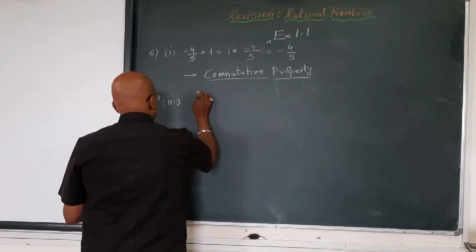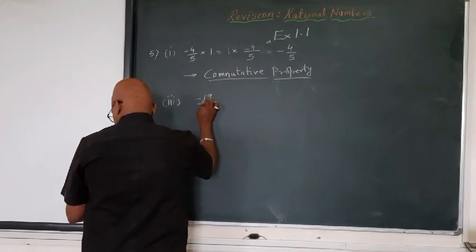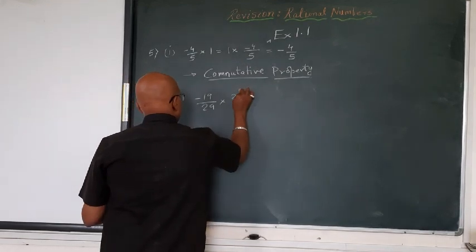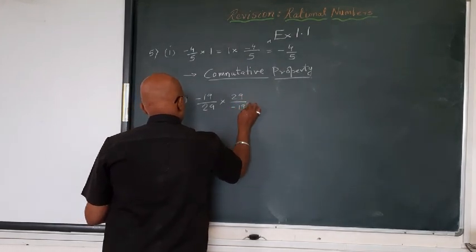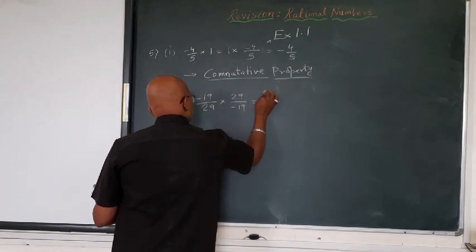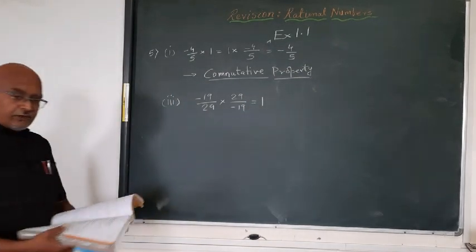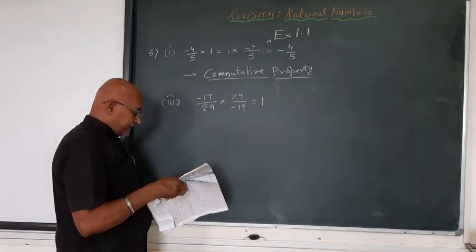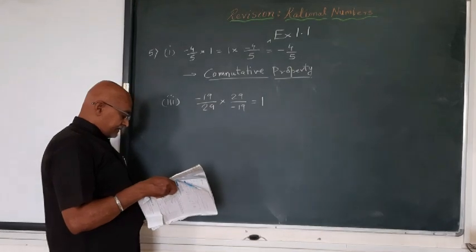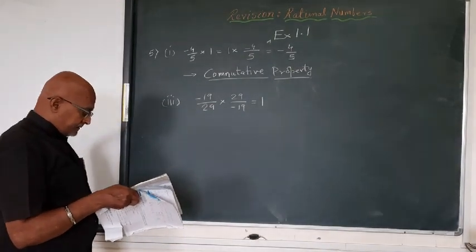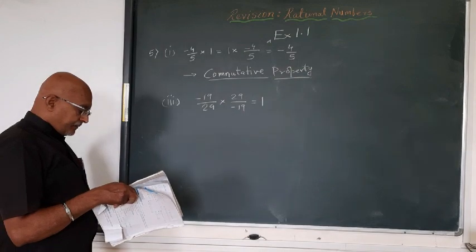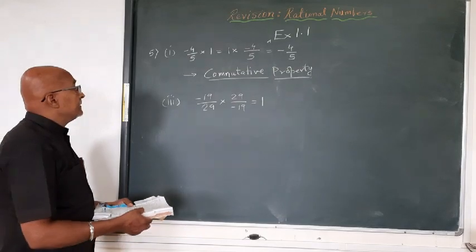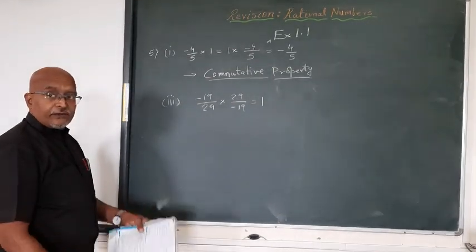The third one is minus 19 upon 29 multiplied by 29 upon minus 19 equal to 1. What is this property? What is this called? Which property is there? Is it additive or multiplicative?